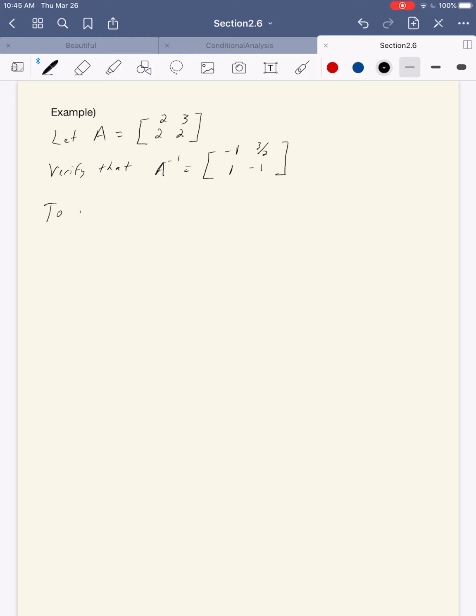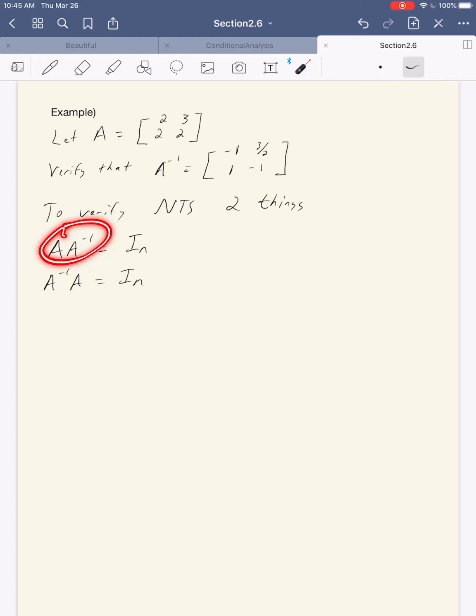Well, to verify, we need to show two things. We need to show that A times A inverse is equal to the identity matrix, and we need to show A inverse times A is equal to the identity matrix. In other words, it doesn't matter which direction we put that A inverse on, we get the identity matrix. So let's go ahead and do that.